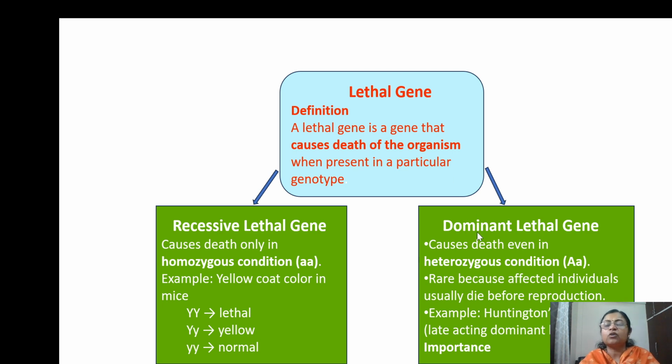Dominant lethal genes cause death even in heterozygous condition. So it is very rare because affected individuals usually die before reproduction. One example I want to give here is Huntington's disease, a late acting dominant lethal, we can say here.